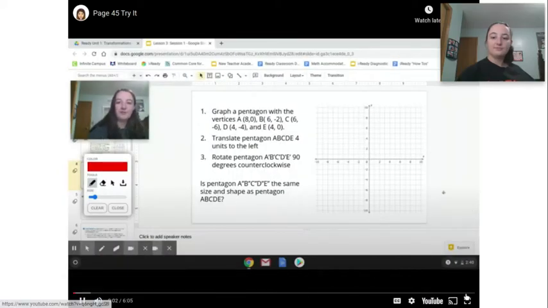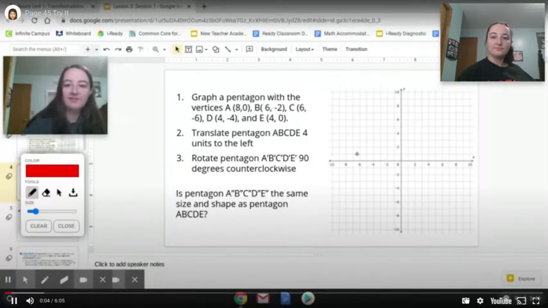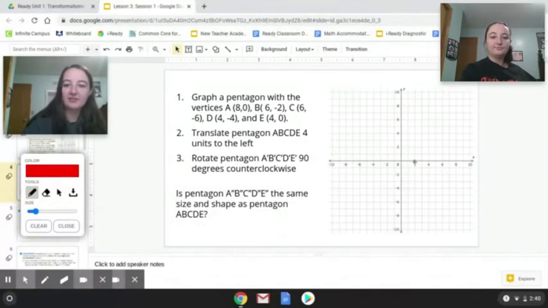Alright, so first we need to graph the pentagon. We have A at (8, 0), so we go to the right 8 and up 0, so there's our A. Then we have B, which is at (6, -2), so we go to the right 6 and down 2.